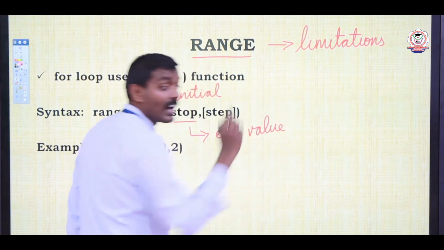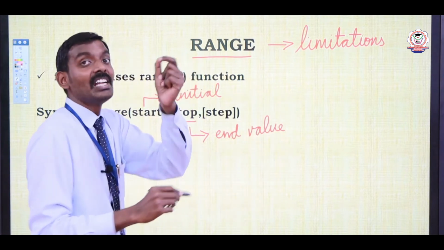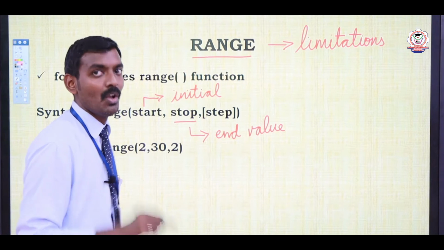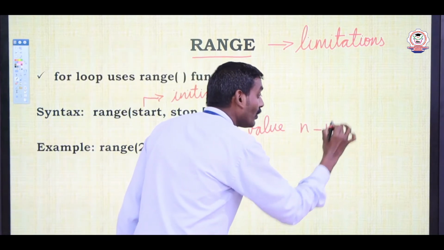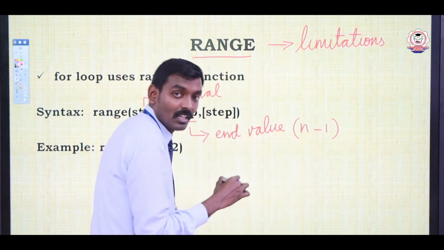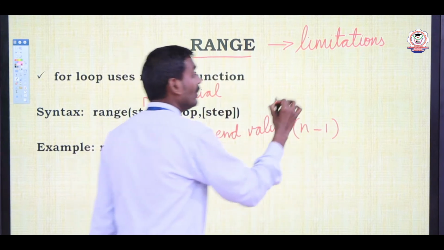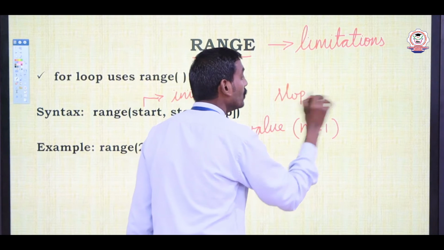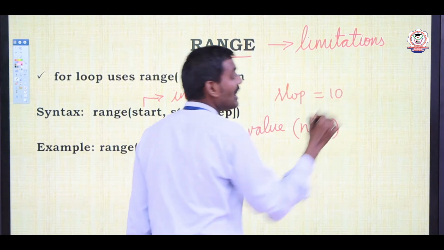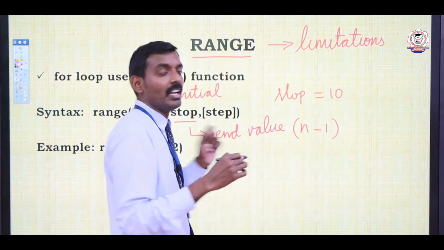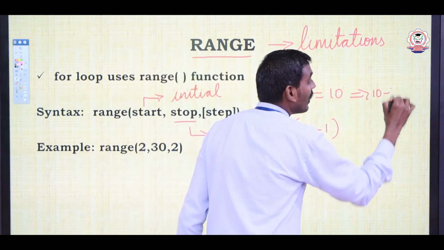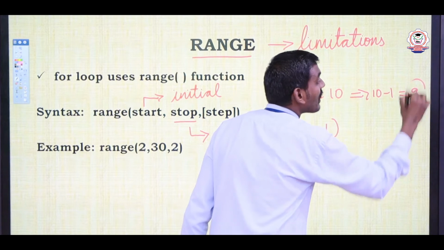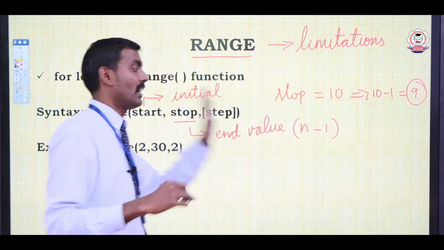Stop represents the ending value of a range function, and there is a speciality in that stop value. What is the speciality? It will be treated as n minus 1. Suppose you assign the stop value equal to 10, it will take only 10 minus 1, that is 9, as the ending value.